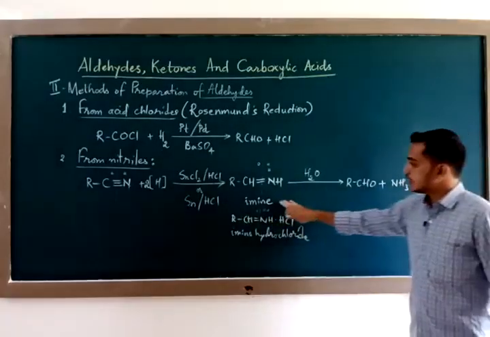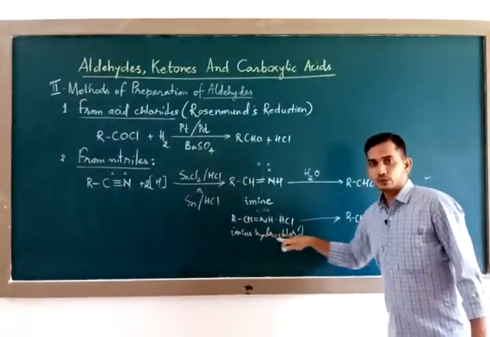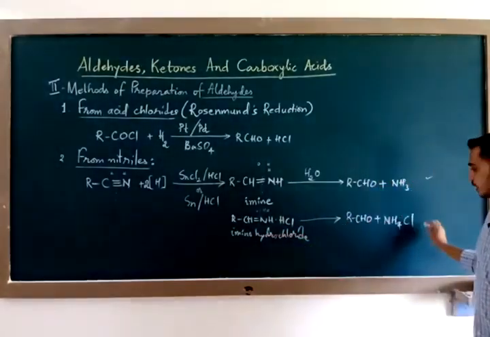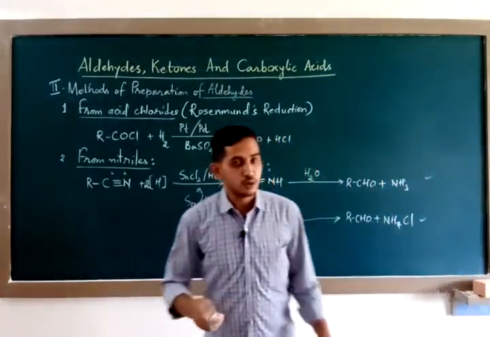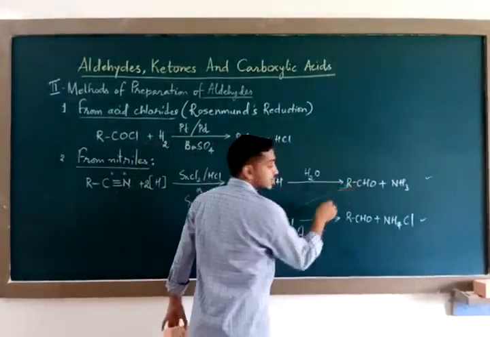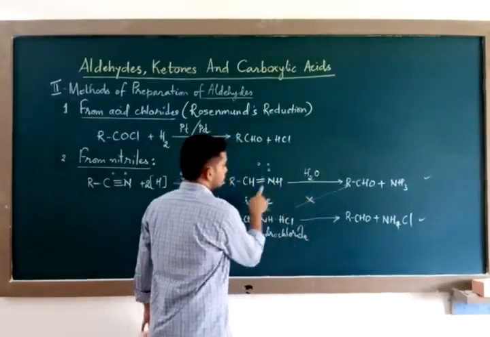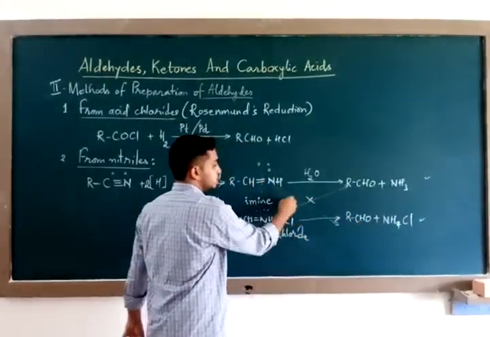Whether you write imine and ammonia, it is correct. If you are writing iminohydrochloride and then ammonium chloride, this method is also correct. Choose any one method, but do not get confused. If you write iminohydrochloride and then the ammonia reaction, it becomes wrong. Or if you write imines and then give the product as aldehyde plus ammonium chloride, it is wrong.